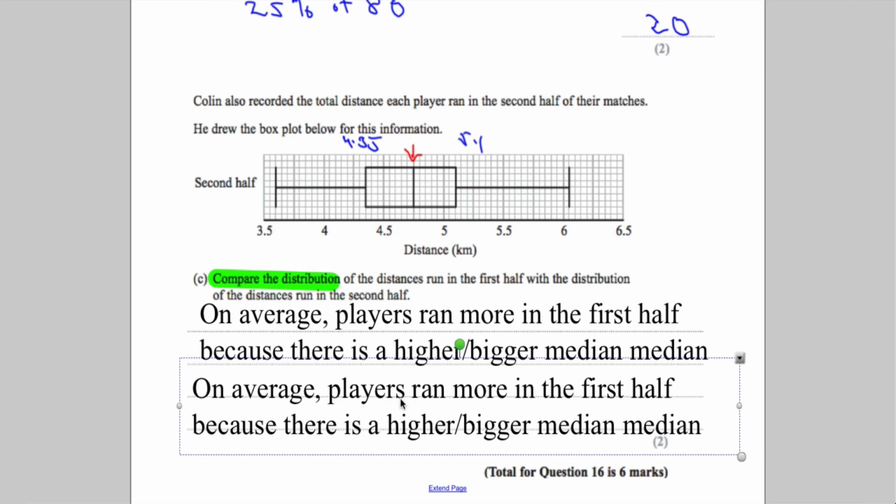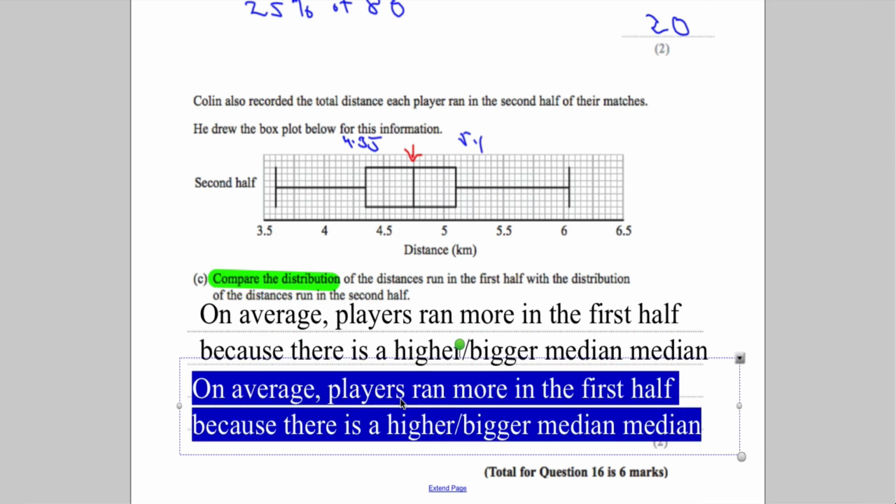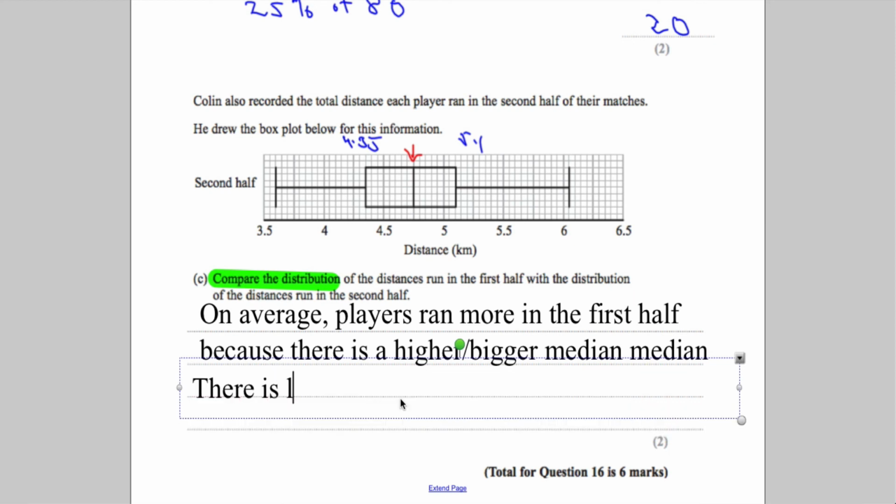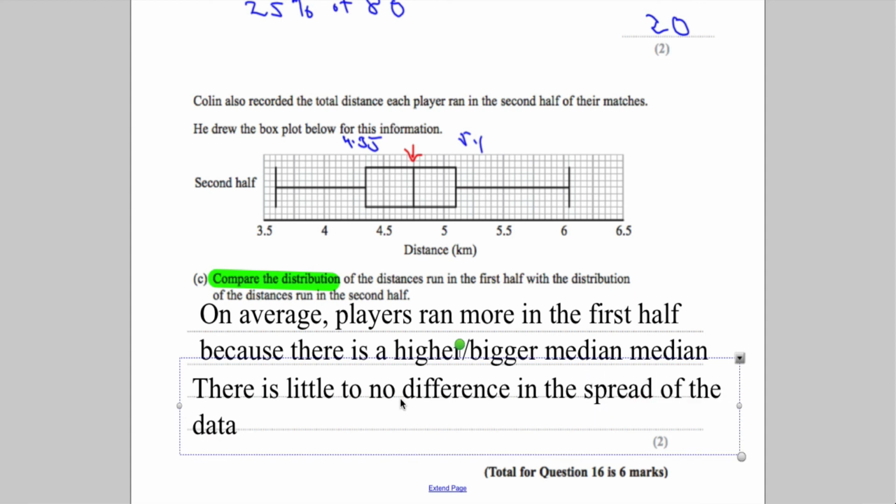So what I'm going to say is there is little to no difference in the spread of the data, that is, the interquartile range for both diagrams is the same.